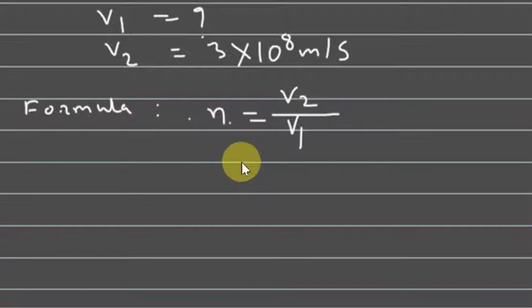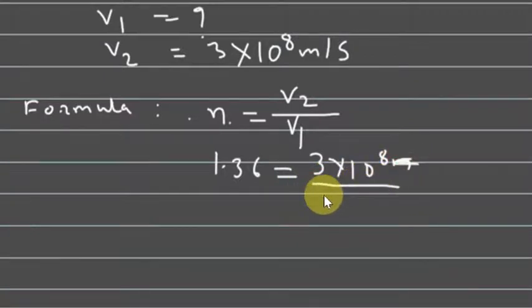Substitute the values. The refractive index is given as 1.36. What is the value of V2? The velocity of light in vacuum, that is 3 into 10 raised to power 8 meter per second, upon V1.